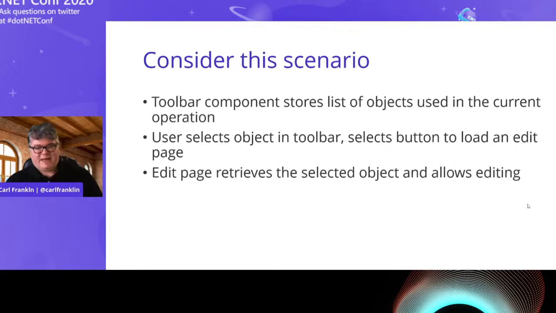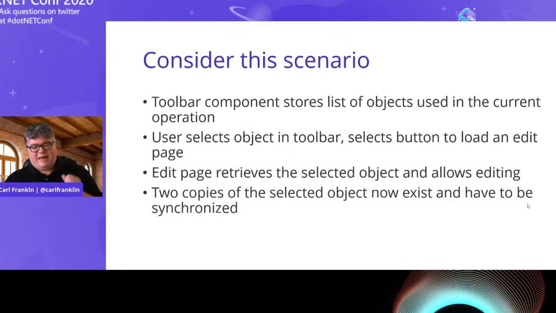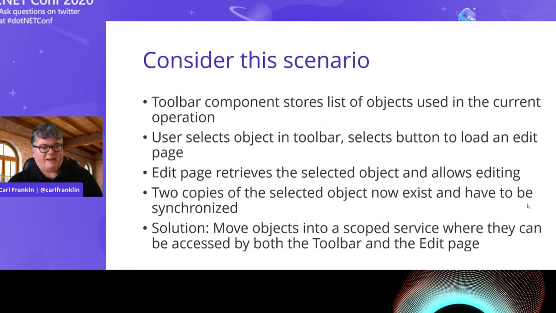So editing the page retrieves the selected object and allows for editing. If the page isn't using the same object that the toolbar is using, you've got two copies of that selected object existing, and now you have to synchronize those things. And it's a pain, and we shouldn't be doing it.